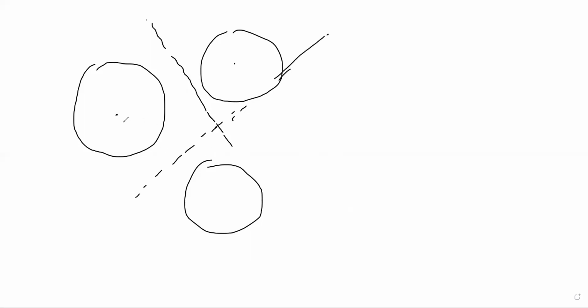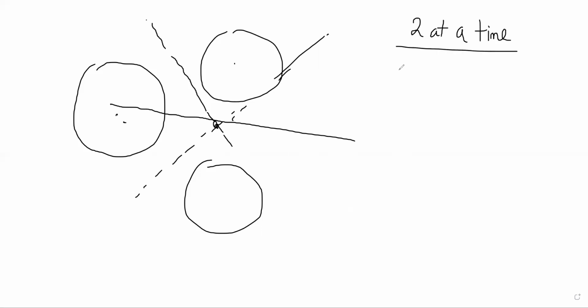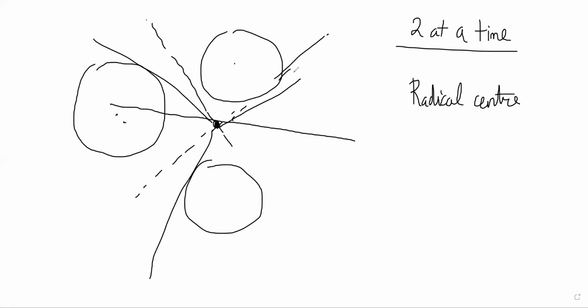If you take 2 at a time, you get one radical axis for each pair, and it turns out that those 3 radical axes intersect at a point. That point is called the radical center. From that point, you can draw equal tangents to all 3 circles.